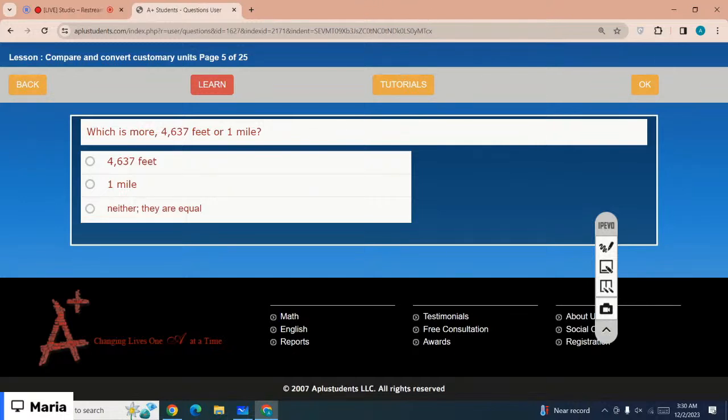Okay, which is more, 4,637 feet or 1 mile? So which is more? Okay, this is the conversion from miles to feet, right? So 1 mile equals how many feet?